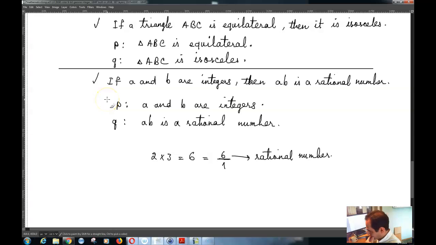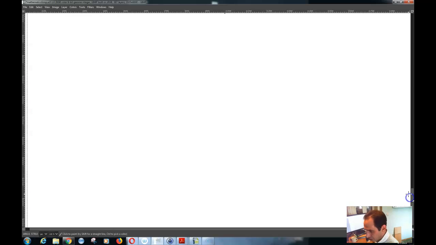Now there is something else called if and only if, which I talked about in the very beginning of this video. And if and only if is represented by this symbol, meaning that it's a two-way implication.